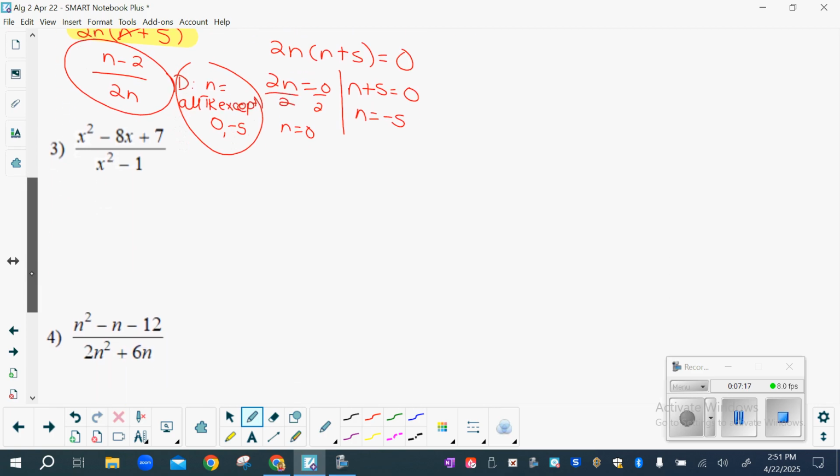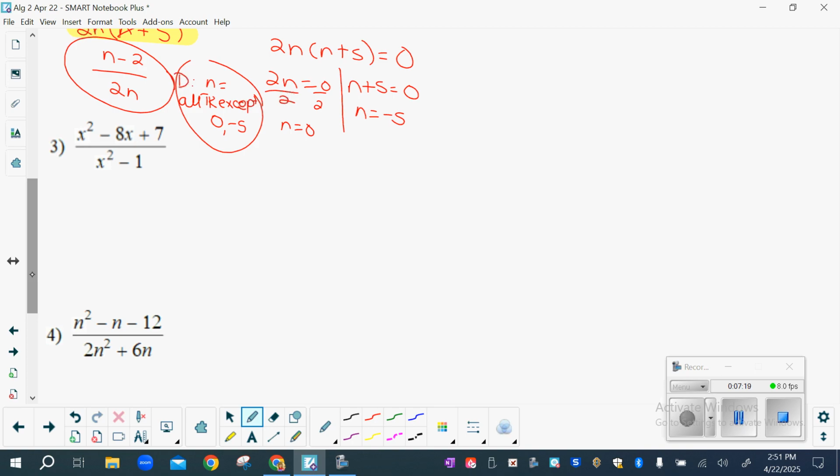Okay, what do we do on number 3? How do we factor that? It's the x.